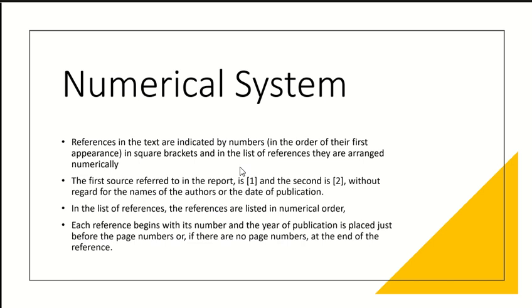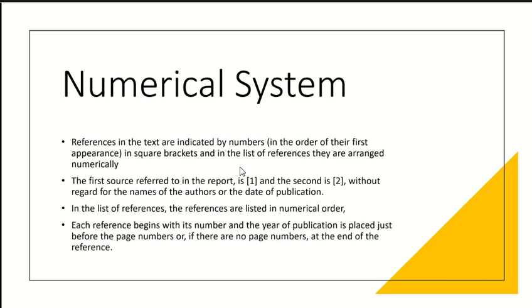If you are using the Harvard method, then what will come first? The name. The thing which you have mentioned should come first, right? I am looking for the author's name, so it should be first. Same thing here: I am looking for reference number 1, so the first thing you mention in the list is the reference number.